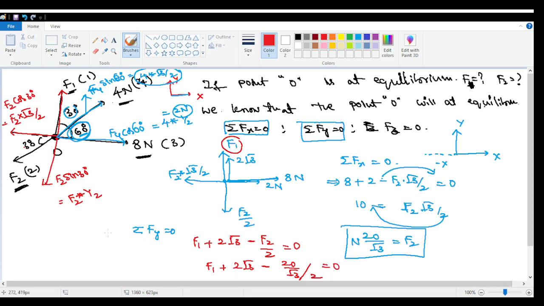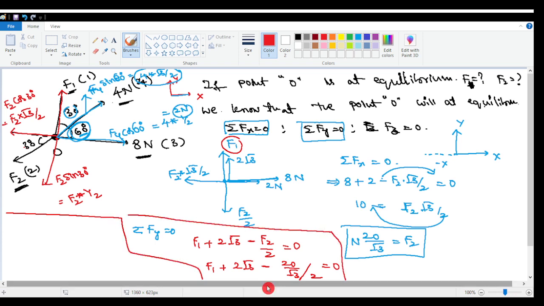This page has very little space, so I will try to use it better. Now, send this to this one, it will multiply throughout the equation. So that is equal to 2F2, otherwise I will send this one. Denominator by denominator means numerator will come.